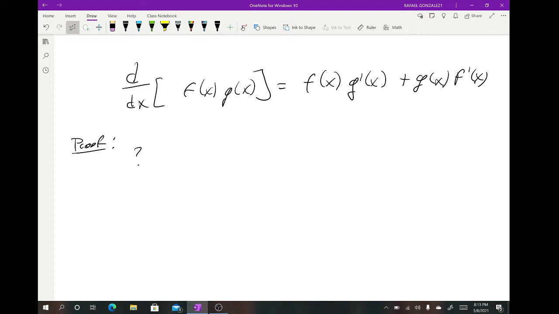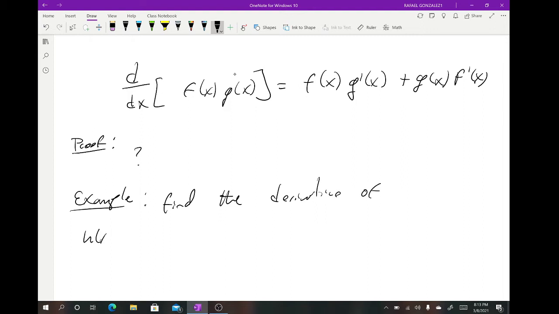So example number one of using this product rule will be the following. Let's find the derivative of the function h of x when h of x equals 3x minus 2x squared, times 5 plus 4x.